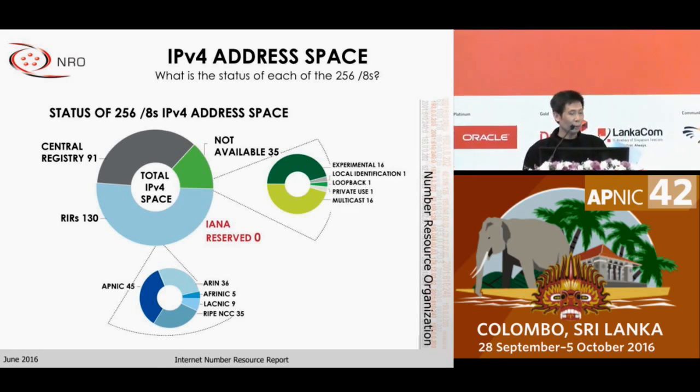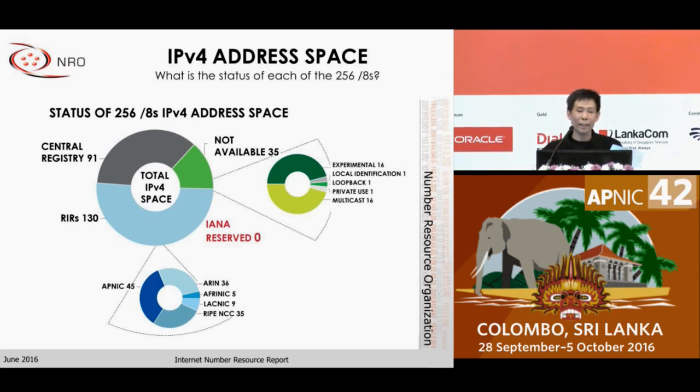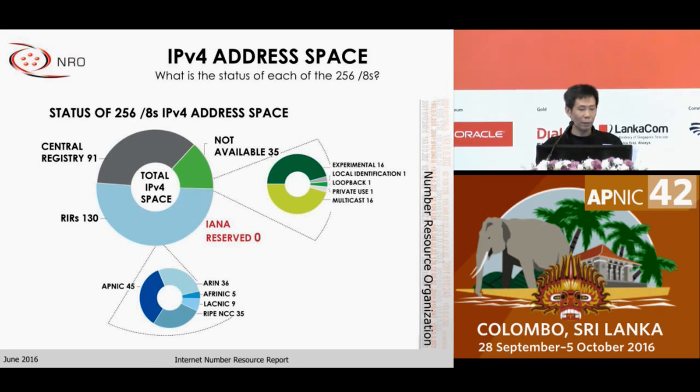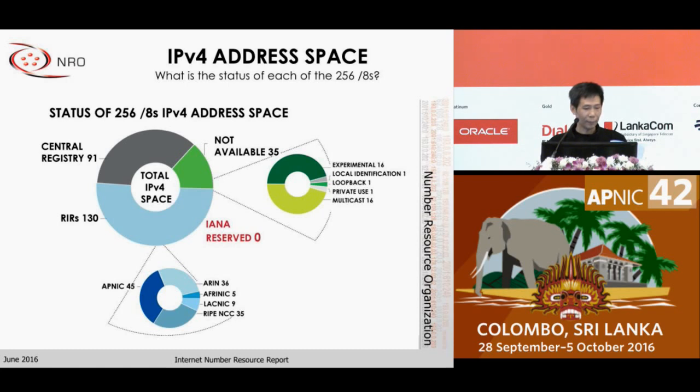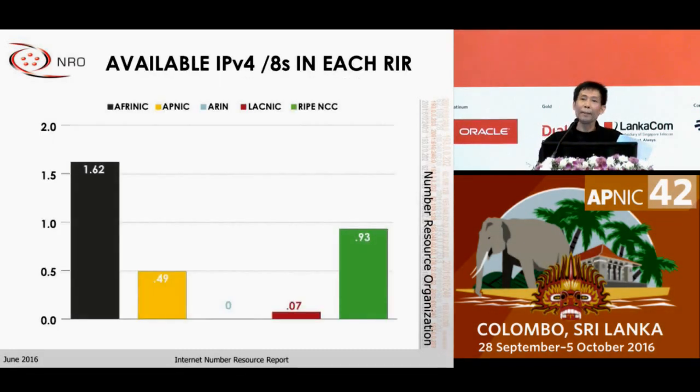In February 2011, IANA allocated its last /8 to the RIRs. The IANA free pool became 0. That was the IANA central pool exhaustion. Since 2011, this graph has not changed. Then, after 5 years, how many IPv4 addresses are still in each RIR's free pool?